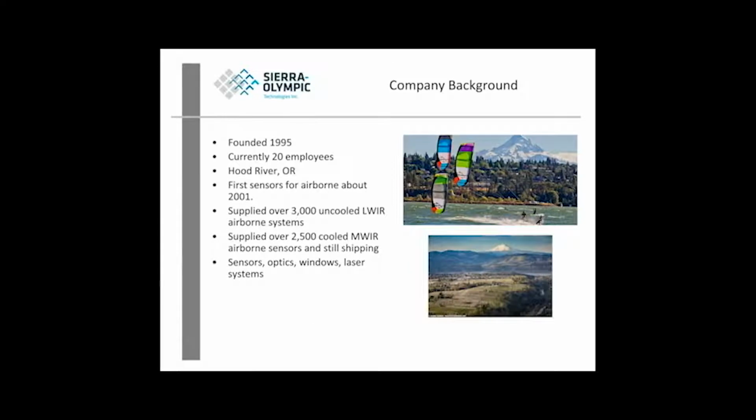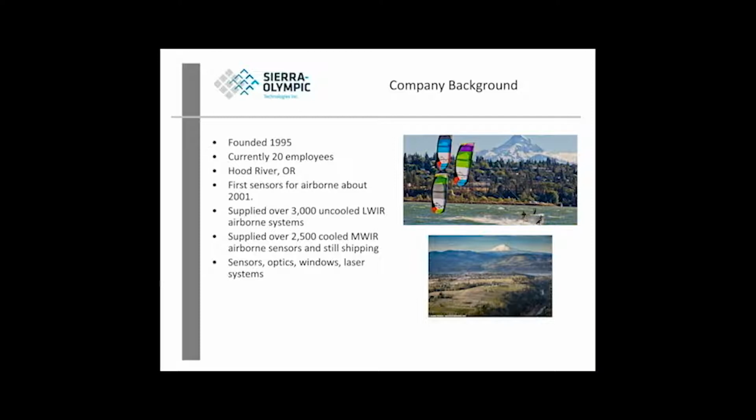The company Sierra Olympic was founded in 1995. We're currently 20 employees, most of them engineers. We're in Hood River, Oregon. Like I said, first sensors for airborne in about 2001. We've supplied over 3,000 uncooled long-wave systems and over 2,500 mid-wave systems. These are cooled mid-wave systems, and that's been our emphasis for the past 10 years.